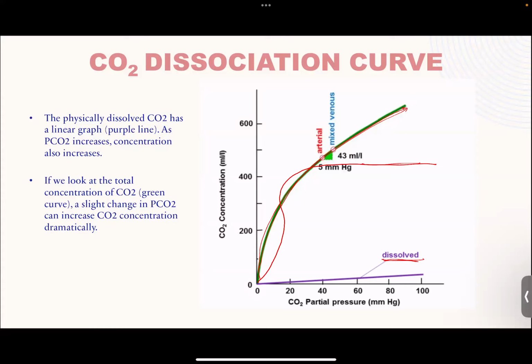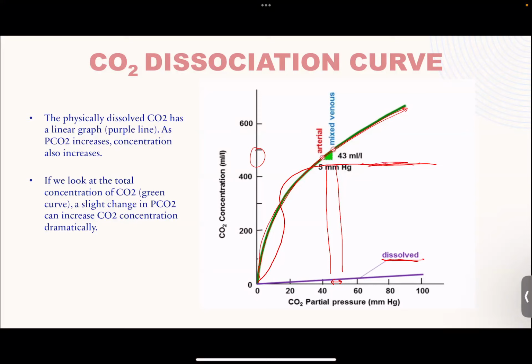What does it mean by steep? If you take even the tiniest of pressure differences from here to here, and you go all the way up, you're going to see that it's going to have huge concentration differences from here, okay? So in our oxygen, it was binding to the hemoglobin, and you had saturations and stuff, and it would become flat. But here, the chemically bound, it can keep increasing, okay?